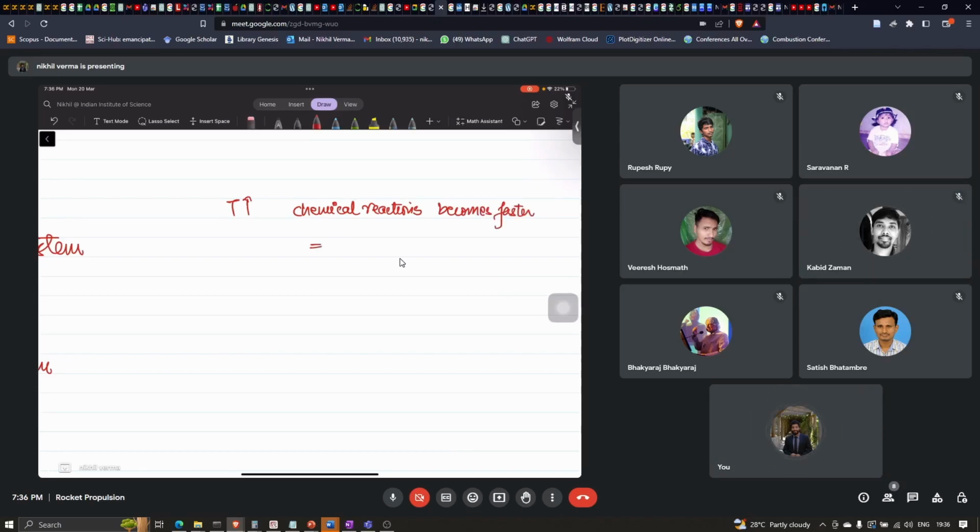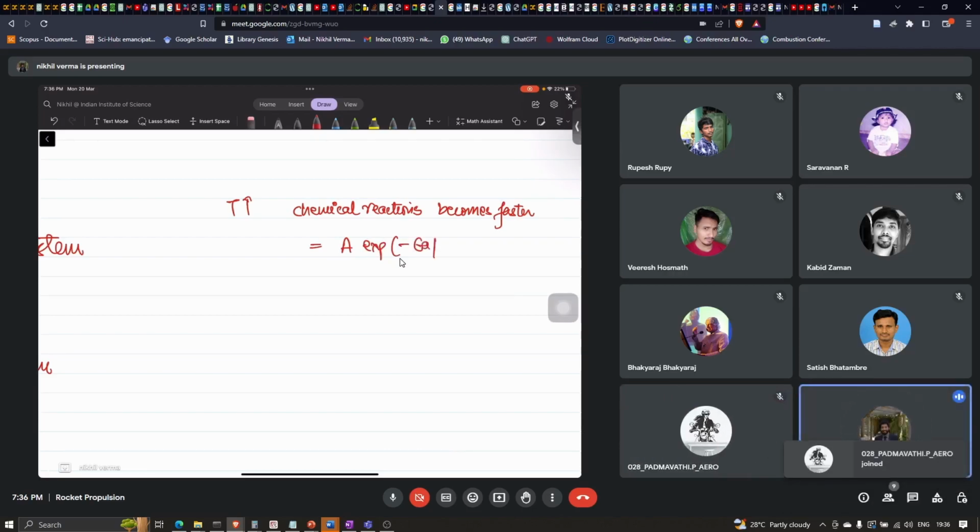Because if we express this in the Arrhenius rate law, the reaction rate is just A exponent minus EA by RT, right? If temperature increases, this term reduces, the exponent term increases, therefore omega also increases. So the chemical reaction rates become faster.